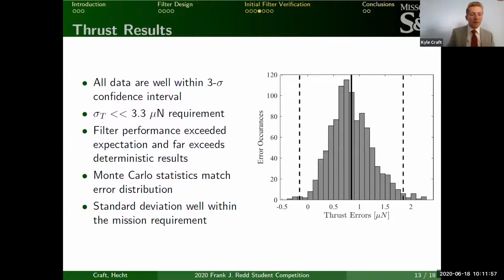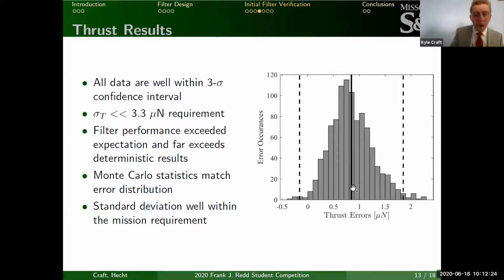But most importantly is our thrust estimate. And I'll remind you that we need to determine our thrust within that 10% error range, which for electric mode is 3.3 micronewtons. Now we put the restriction on ourselves to have 3.3 micronewtons be the 1 sigma level. But if you look at the error histogram where the thrust errors are shown in micronewtons on the right here, what we actually see is that our 3 sigma confidence interval, these vertical dashed black lines, is well below that 1 sigma threshold.